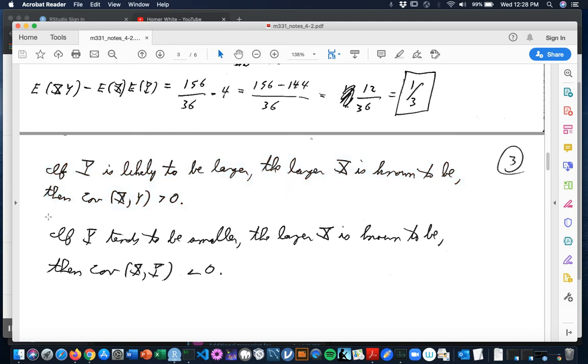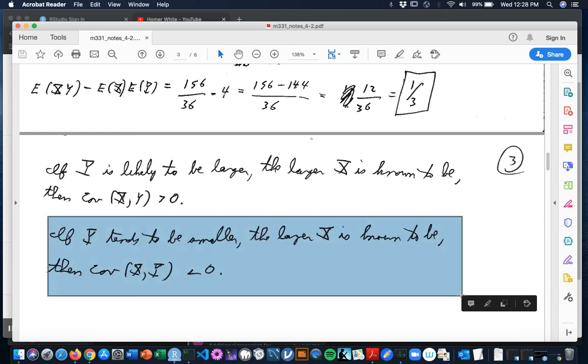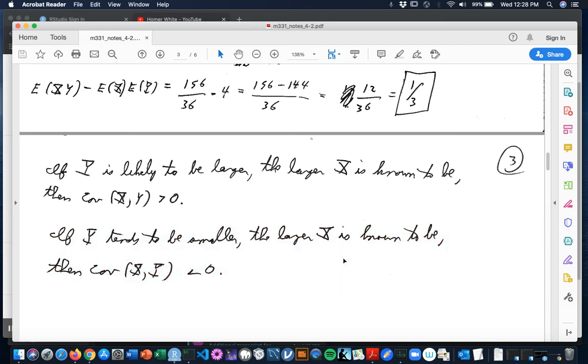On the other hand, if larger values of x tend to make smaller values of y more likely, then the covariance is negative. So like when x comes out above what you expect, if you find that y would then come out above what you would ordinarily expect for y, not knowing what x is, then the covariance is positive. And same here for the other relationship.